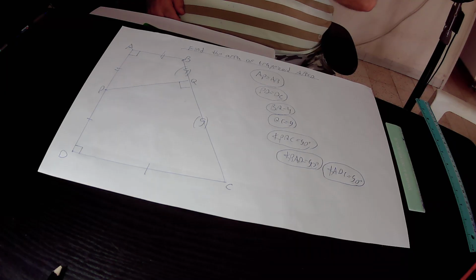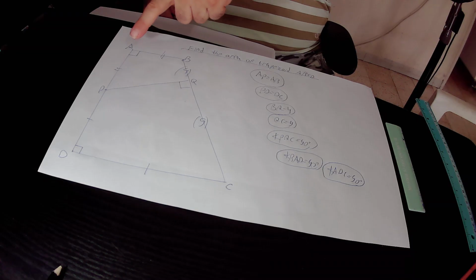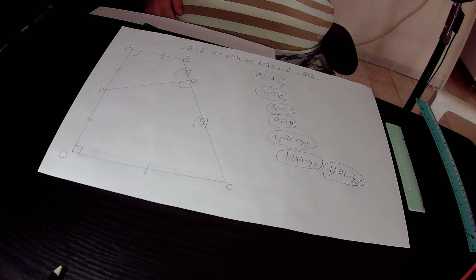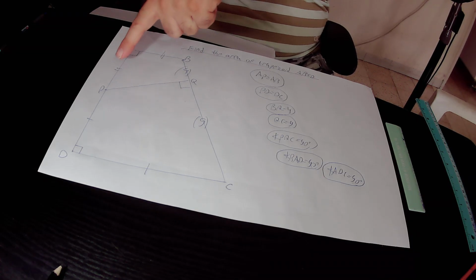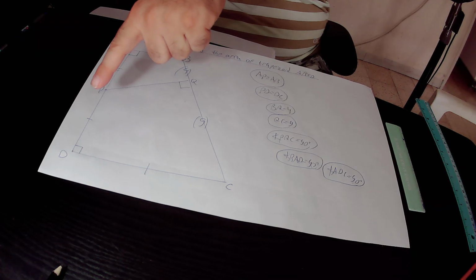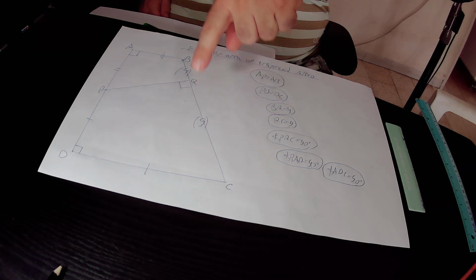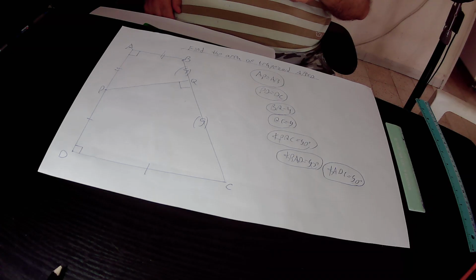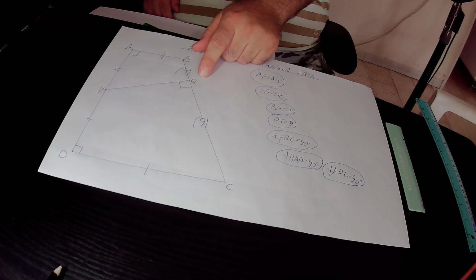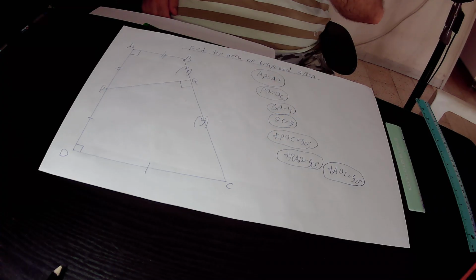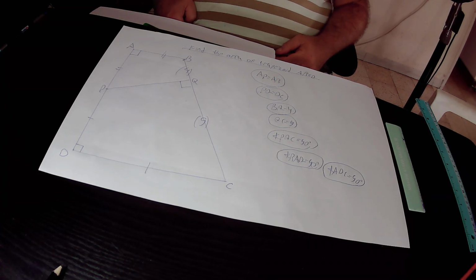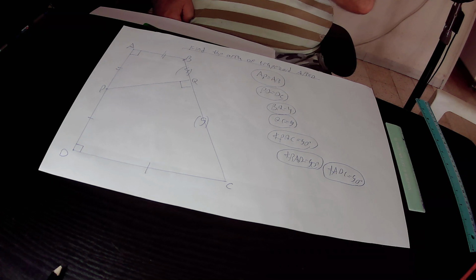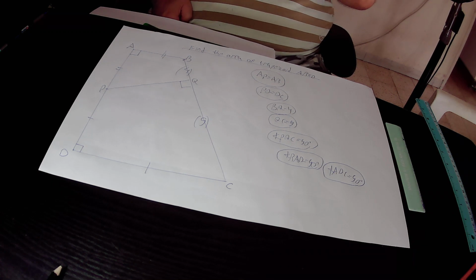In addition, side AB of trapezoid ABCD equals line segment AP. We also know that line segment PD equals side DC of trapezoid ABCD. In addition, line segment BQ equals 4 units in length. Line segment QC equals 9 units in length. Again, our mission is to find the area of this trapezoid ABCD.